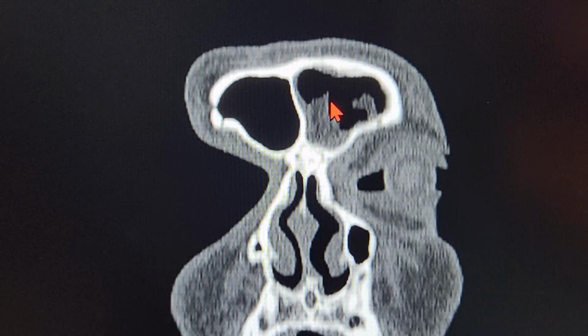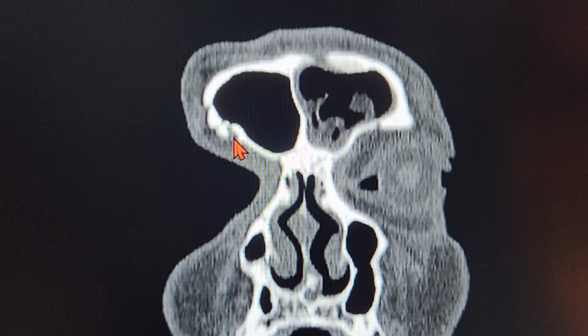The patient has no history on the left side of nasal rhinorrhea or CSF leak. It's constantly from the patient's right side. So you need to focus on the right, but at the same time, you need to see the left as well. So far on the right, you can see some kind of changes in the bony outline on the anterior lateral wall of the frontal sinus over here.